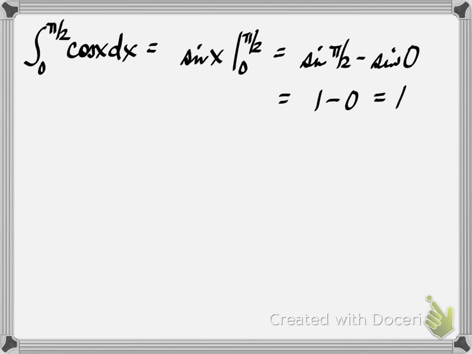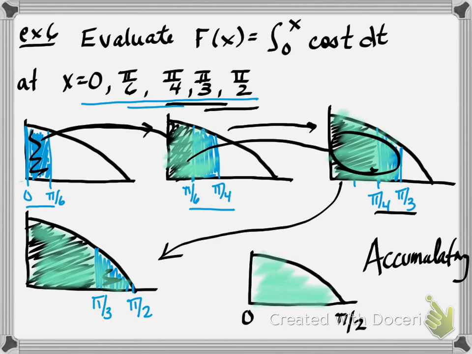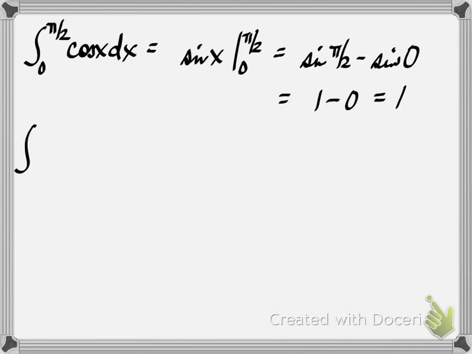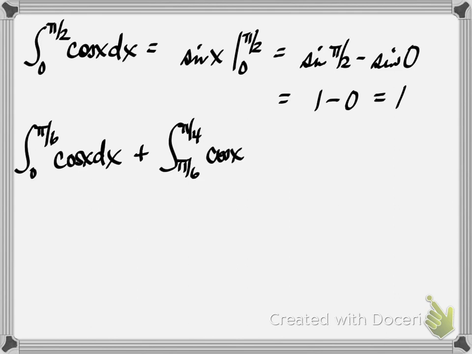Now, if we went back to each of these little pieces, and if we integrated from 0 to pi over 6, and we added to it from pi over 6 to pi over 4, and we added that, pi over 4 to pi over 3.